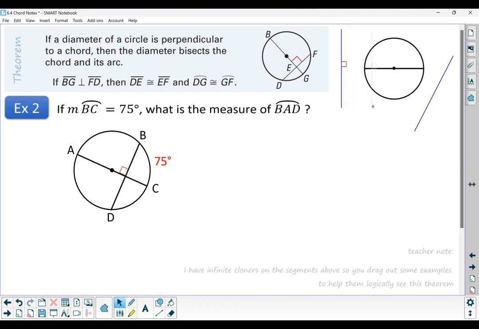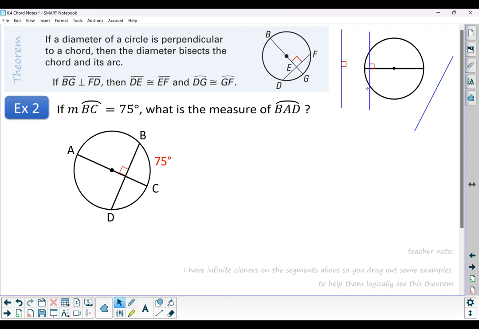If we have a diameter and a chord that is perpendicular to the diameter, it means that this piece of the chord and this piece of the chord are equal to each other. And we also know that this arc is equal to this arc. So from here over to here is the same as from here to here. That's always the case if the chord is perpendicular to the diameter.